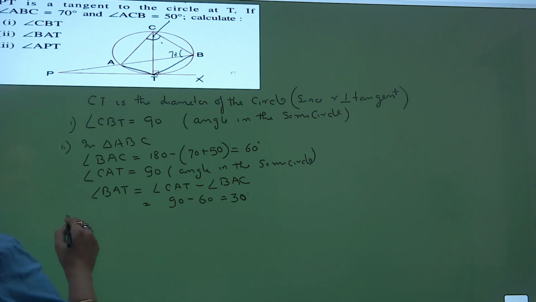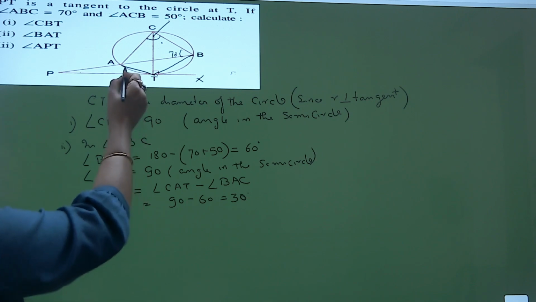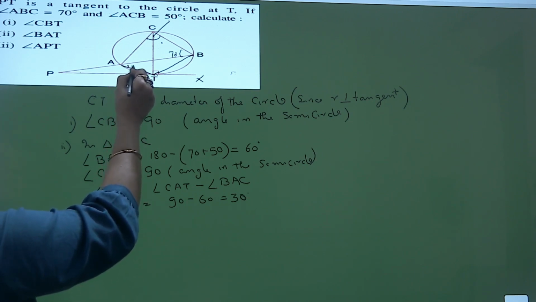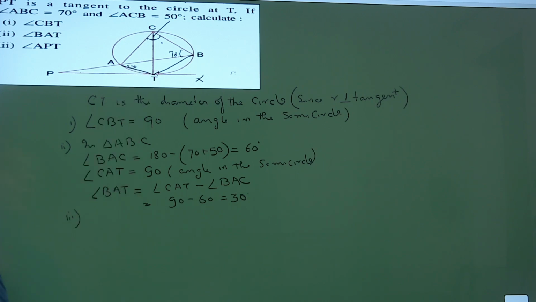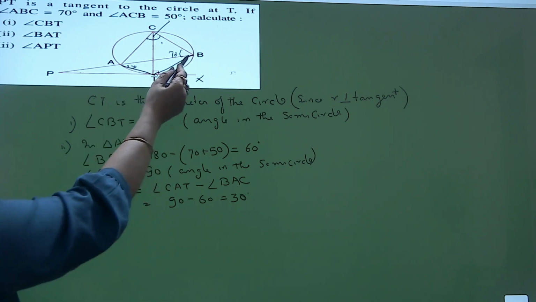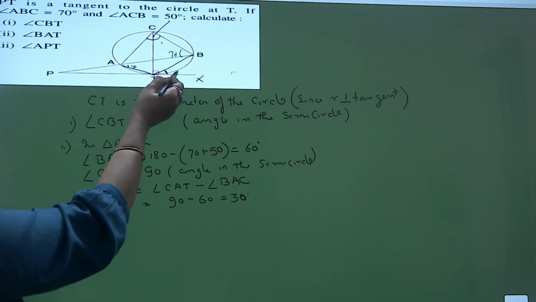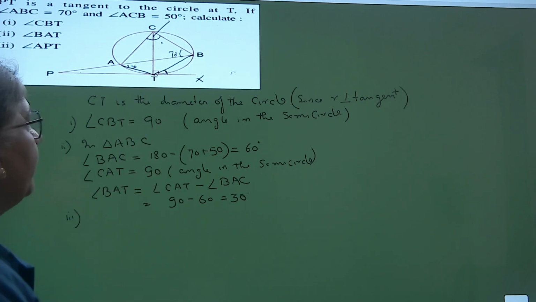Now we have to solve the third part. See, this much part is 30 degrees. So we can also say angle BTX is also 30 degrees, angles in the alternate segment.